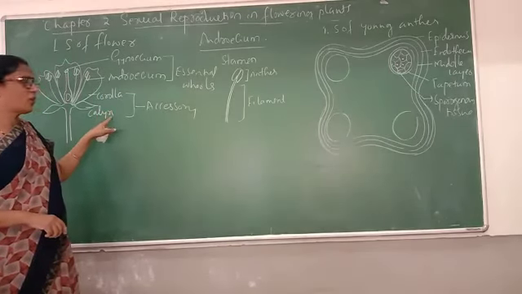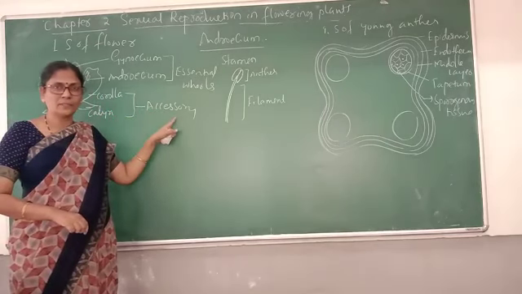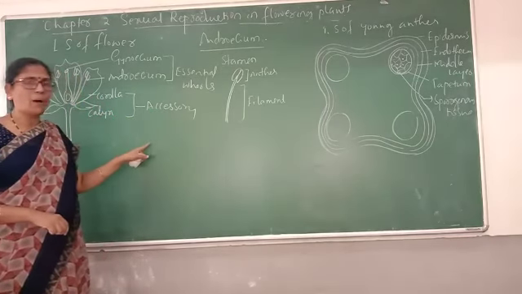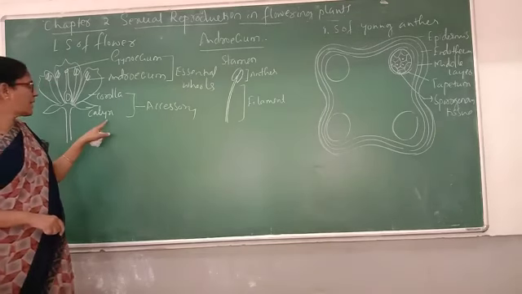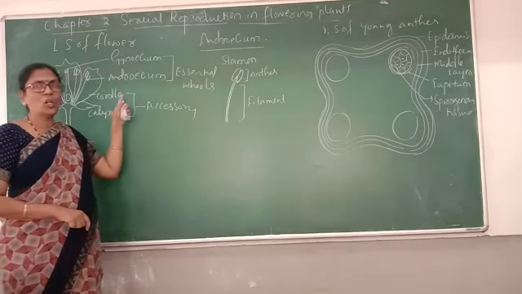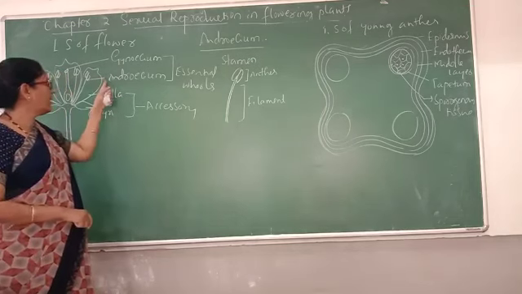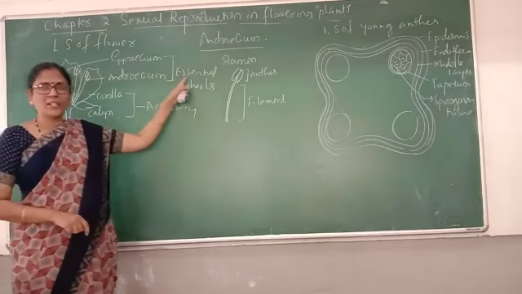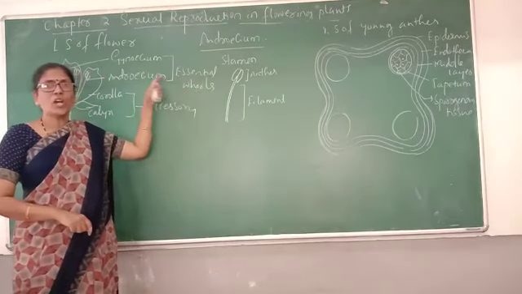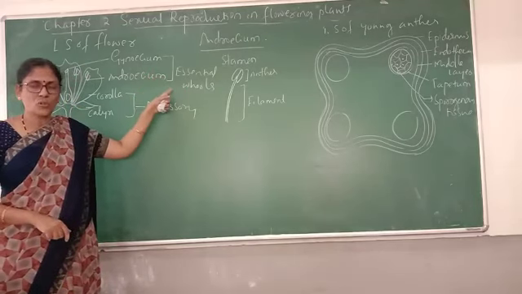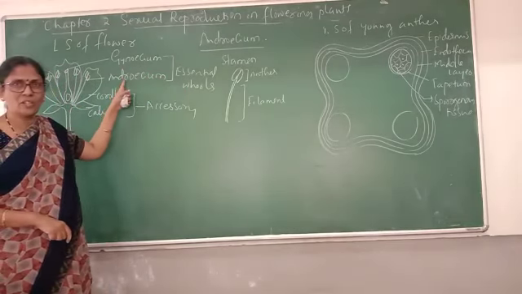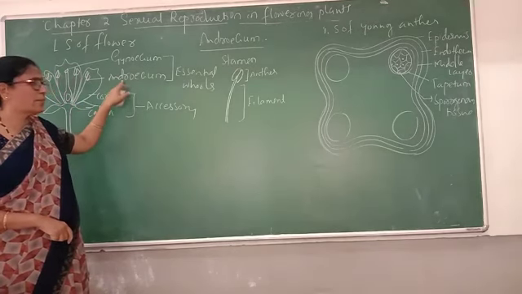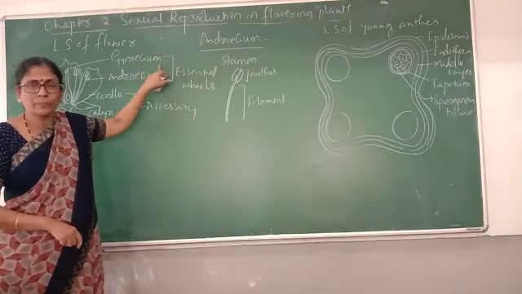The outer two whorls are called the accessory whorls, which do not take part in sexual reproduction, for example calyx and corolla. The inner two whorls are called the essential whorls, which take part in sexual reproduction, for example androecium and gynoecium.